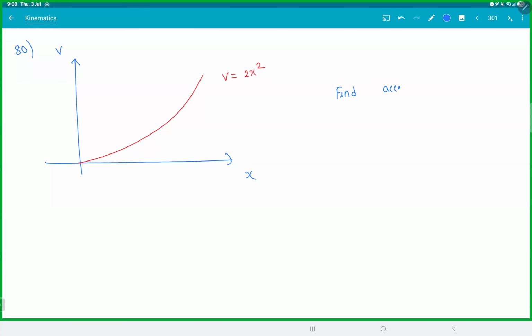Find acceleration at x is equal to 2. So these are a little tricky, they'll give you the curves if you don't have any standard stuff. Find the time to go from x is equal to 1 meter to 2 meters.